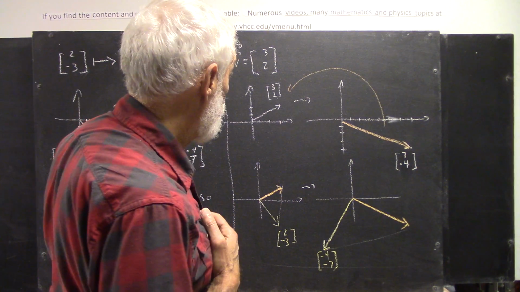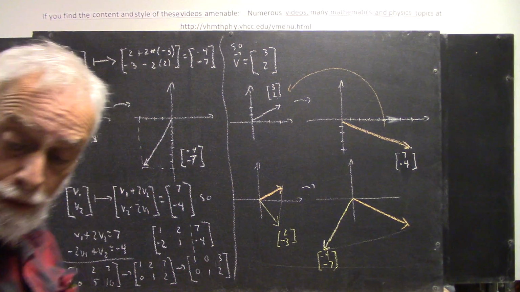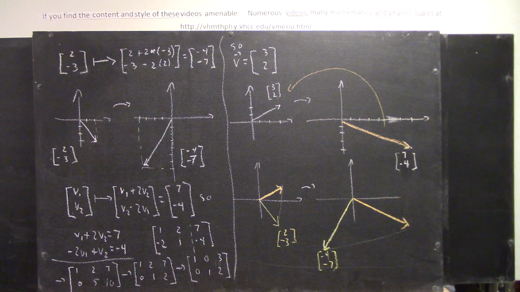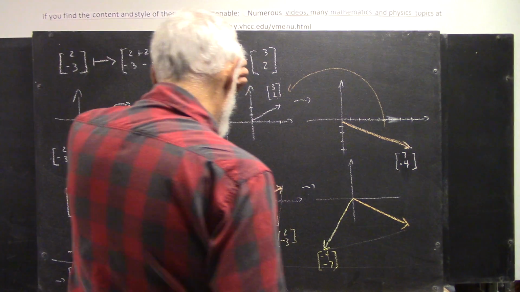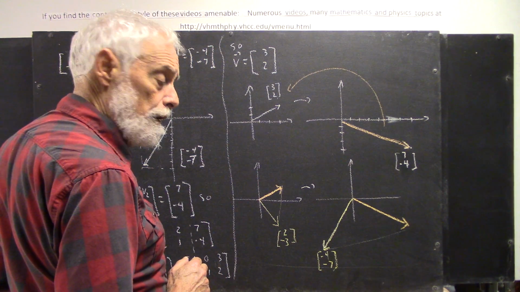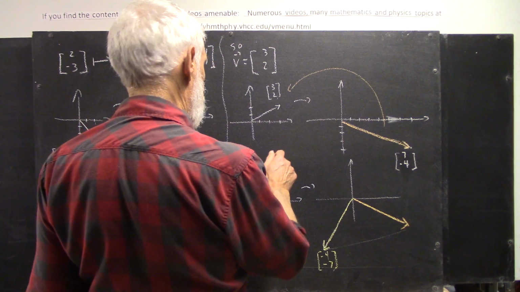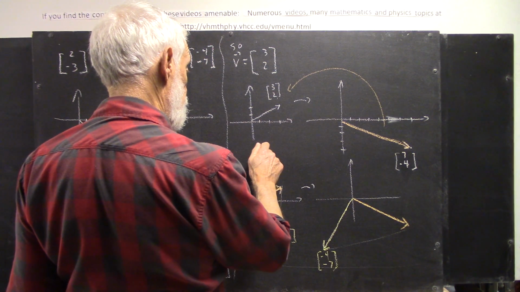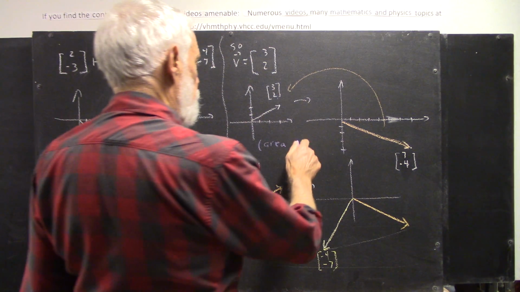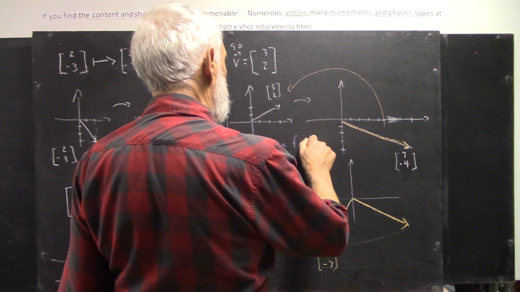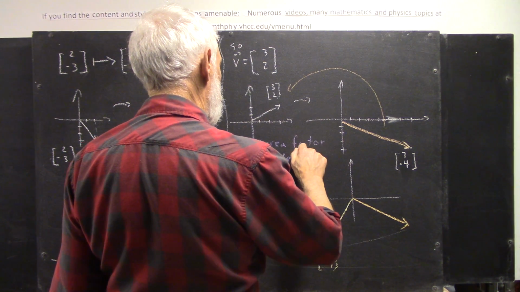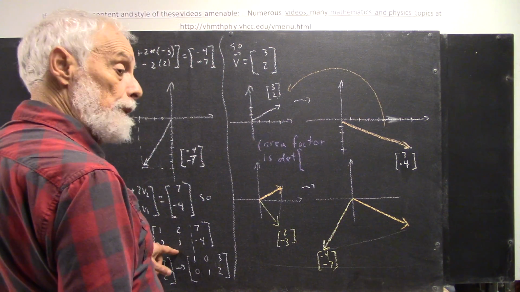Okay. Now there's another thing that I can actually conclude, and this is kind of a little prelude, but since you might be looking at this video for review, I'm going to throw this in, and it might be useful to you, that the area here is clearly greater than the area here. So I'm going to say that the area factor, and this is in parentheses, it's not something you have to know right now, and you're not going to understand yet why, is the determinant of the transformation matrix.